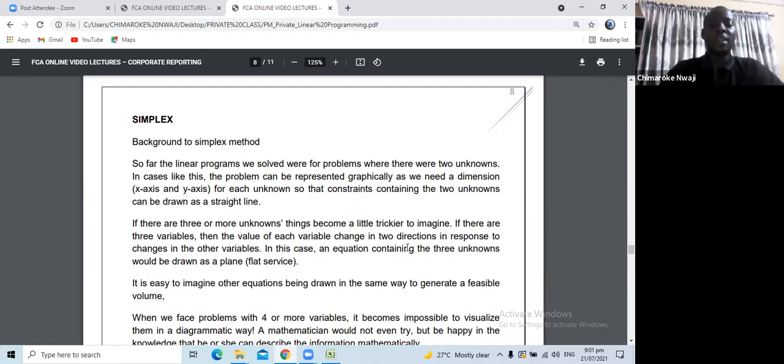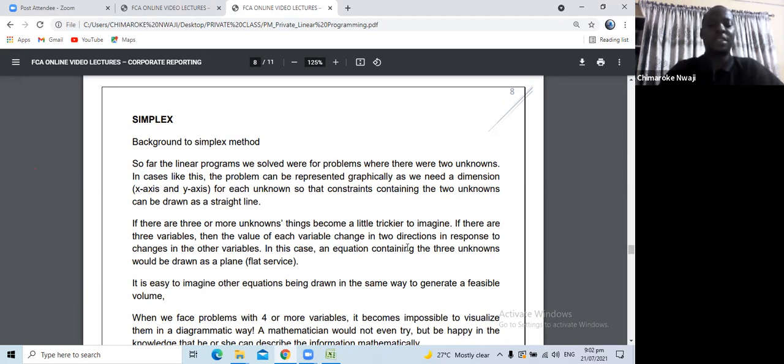So far, the linear programs we have solved have used two unknowns, like the one we solved before, Mark 1 and Mark 2. We need to use a two-dimensional graph, X and Y, to represent the unknowns so that we can draw them on a straight line.